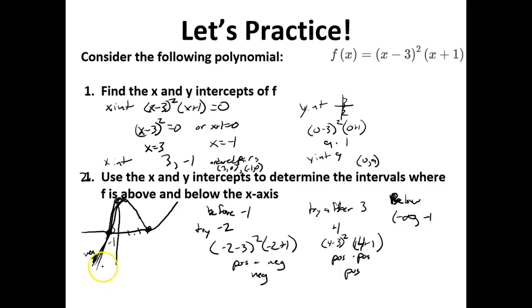It's going from -infinity up to -1. And then it's above on this interval, right in there. So it's above from -1 up to 3. Or, I'll use that or symbol, it's actually on the x-axis at 3. But after 3, from 3 up to infinity, it's above again.